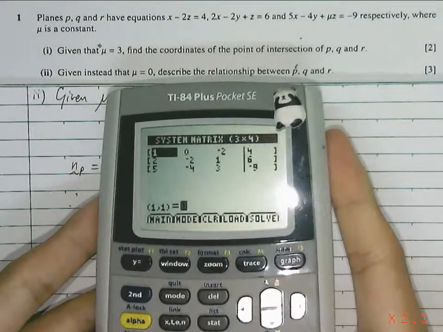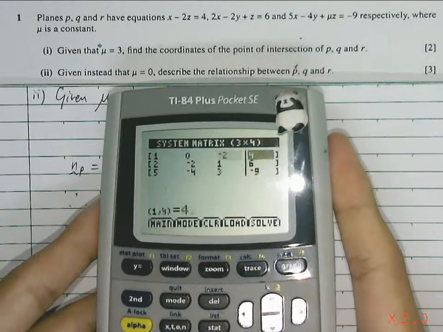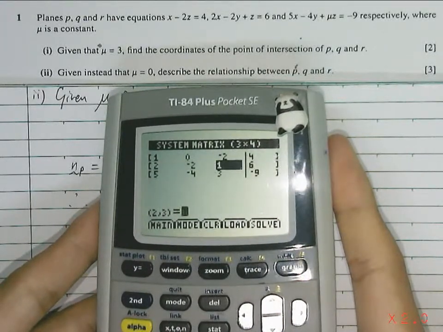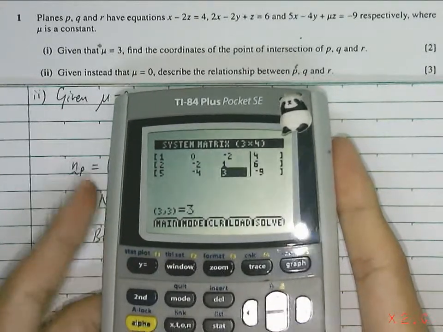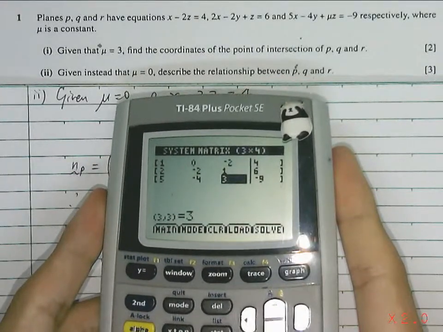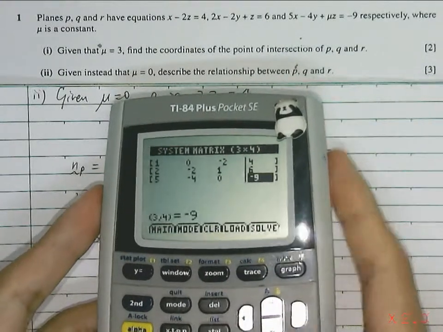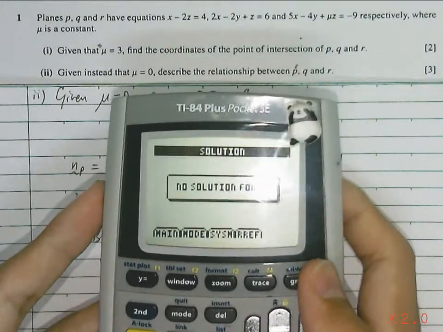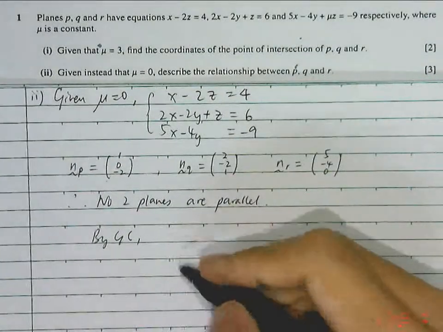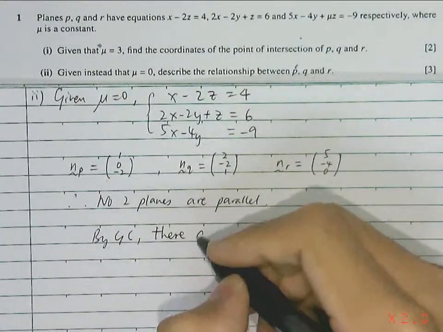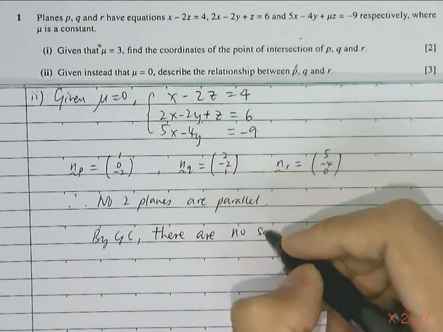We don't have to change much, only the mu value for plane R's equation, where the coefficient of z is 0. Then we can solve the equations. As can be seen, GC shows that there are no solutions. So by GC, there are no solutions.